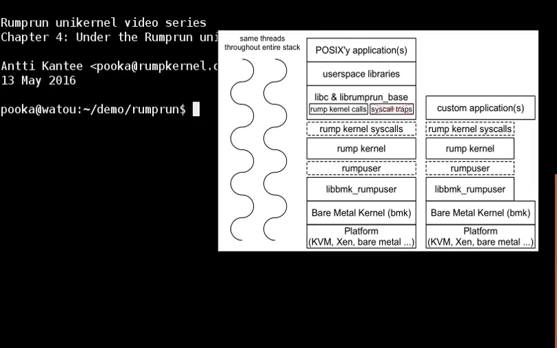I forget, 1,000-ish lines of code. So it's pretty easy to check out what it does, and, well, maybe it's a bit more than 1,000. But compared to the normal operating system, where the non-driver part would be, I don't know, 100,000 lines of code.